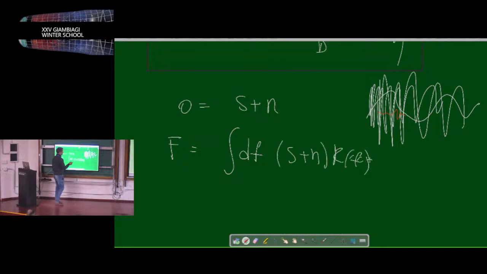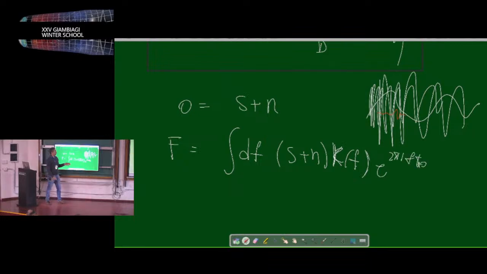In principle it's equivalent in time domain or Fourier space. And of course I want to shift my filter function in time.